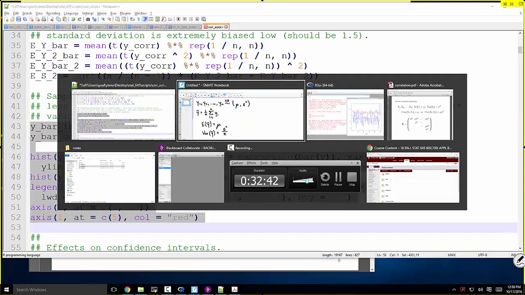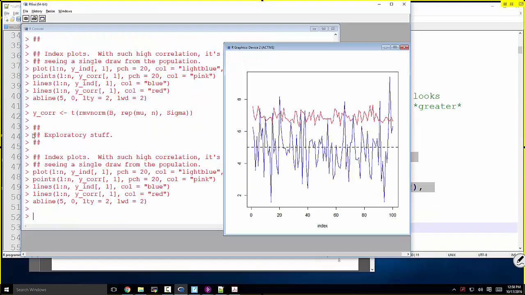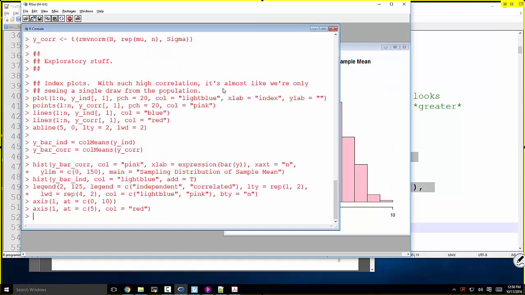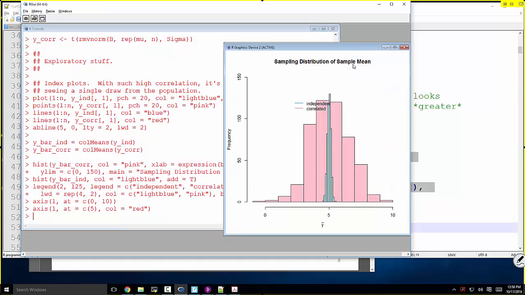These histograms are pictures of the sampling distribution of y bar. I overlaid them on top of each other, the red and the blue, the blue being the independent case. So that tight blue histogram centered at 5 is the sampling distribution of y bar when n is 100 under this scenario with independence.